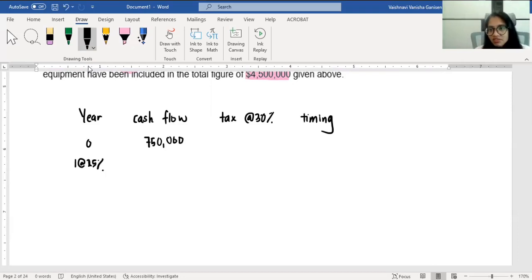So 750,000 multiplied by 25% is 187,500. Net book value is 562,500. Year 2, guys, I will continue to depreciate it.